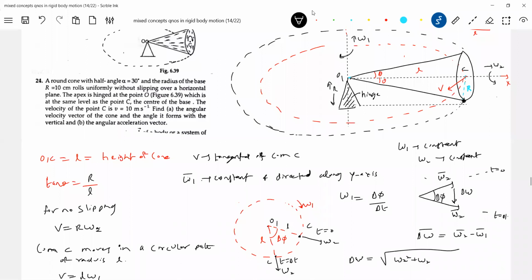Omega 2 squared plus omega 2 squared minus 2 omega 2 omega 2 cos of (180 minus delta phi), shall I write? Why 180 minus delta phi? What is the angle between those two angular velocity vectors?